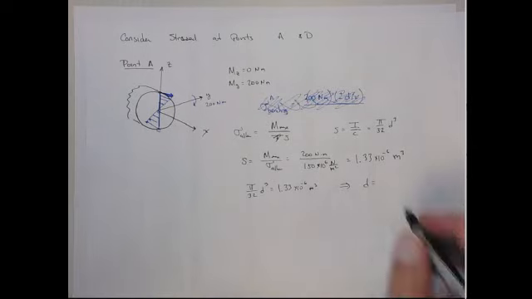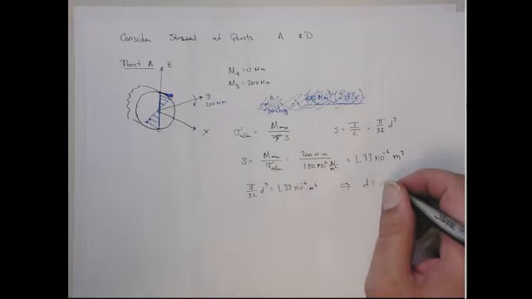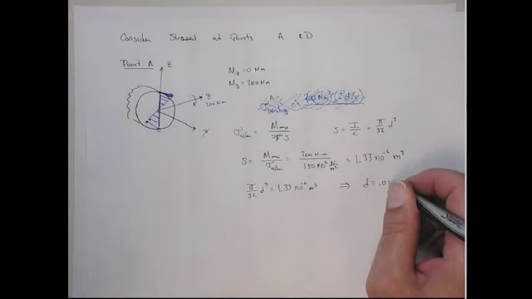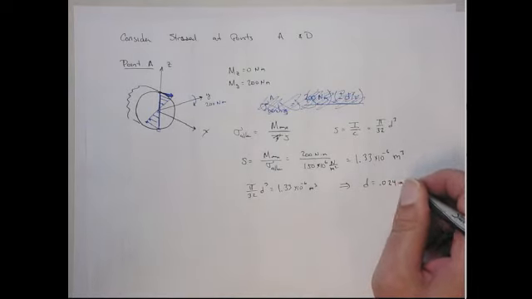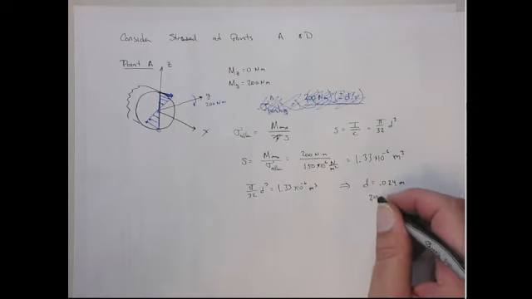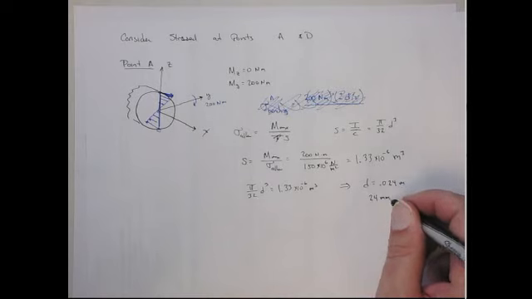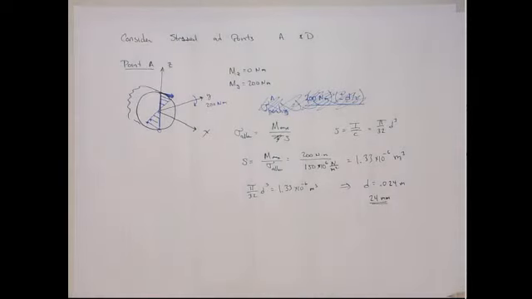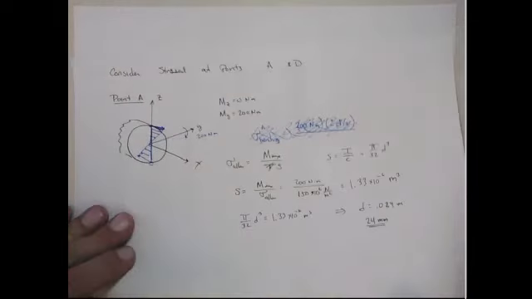And that gives me 0.024 meters. Or in other words, that's 24 millimeters. That should be the diameter. Okay? That's just considering the stresses at point A. The worst case scenario might actually turn out to be at point D. So we have to consider that case as well.